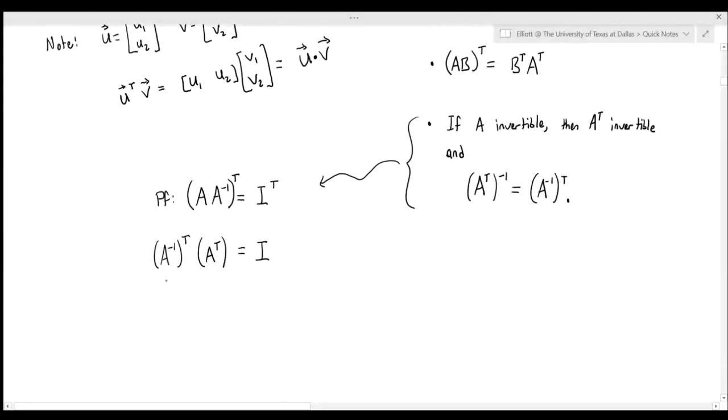But now look at what this says. A inverse transpose, when you multiply with A transpose, gives you the identity. What that tells you is that these must be inverses of each other, since they multiply to give you an identity matrix.